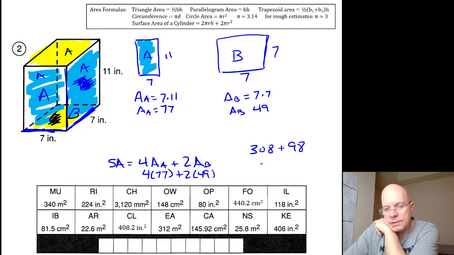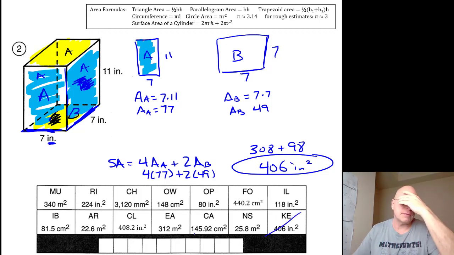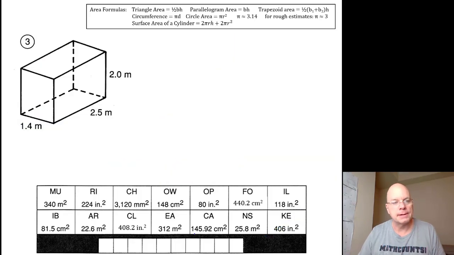It's 406. The dimensions were in inches, so the surface area will be square inches. And this is what's nice about these. You can look down here. If you don't see a 406 somewhere, then you can go back and figure out what went wrong.